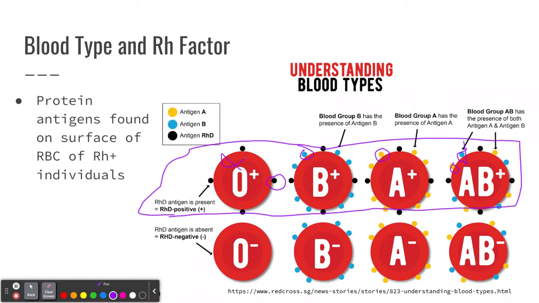Okay, it is also important to point out that as far as Rh factor, if you are negative, that's the bottom 4 red blood cells here, they do not have that Rh factor on their plasma membranes. As far as percentages, about 85% of humans are Rh positive, and only 15% are Rh negative.